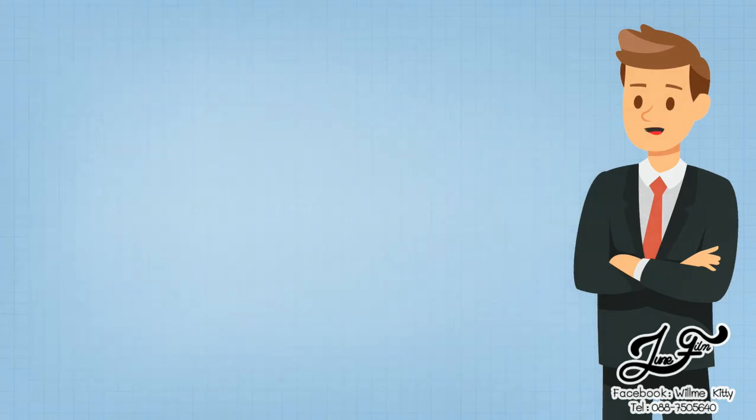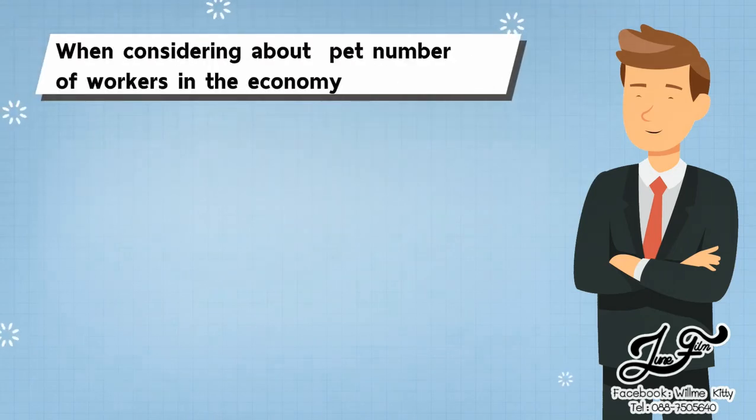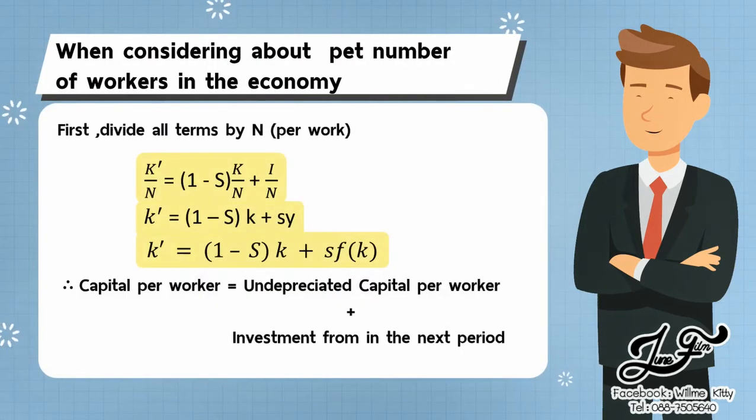When we consider the number of workers in the economy, we do so by dividing all terms in the equation by N. We get K prime over N equals (1 minus delta) times K over N plus I over N. Then we get small k prime equals (1 minus delta) times small k plus s times y.